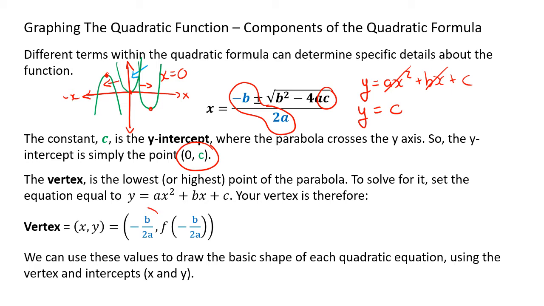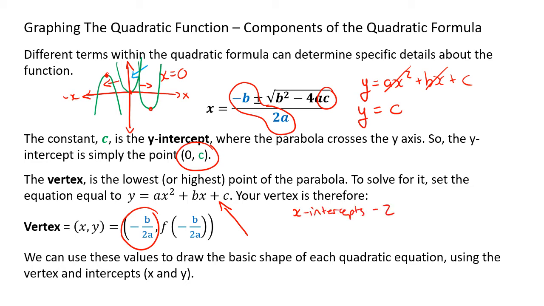So your x-coordinate is negative b over 2a. Your y-coordinate is what you get if you substitute that value of x into your equation. Remember, y equals ax squared plus bx plus c, and solve for the y-coordinate. All right? So that gives us now, with all of these, we have the x-intercepts.